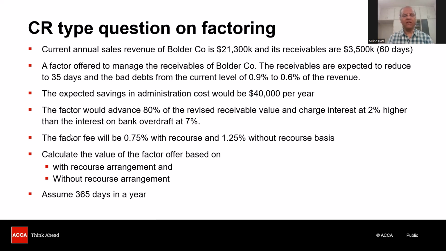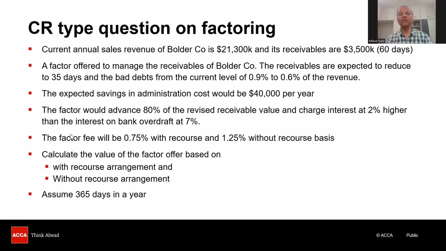So the first thing that you need to do is to calculate revised receivable levels equivalent of 35 days. Then calculate reduction in the amount of receivables and therefore reduction in the amount of overdraft, because you will require lower overdraft now because of reduced receivables. That will be calculated at 7%.